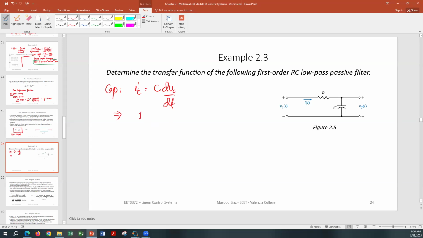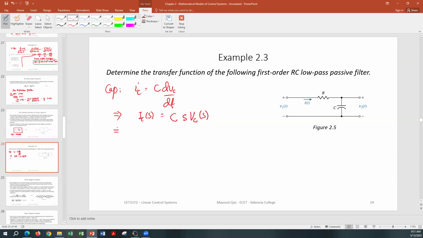Then Laplace transform is going to give us Ic(s) equal to C, and the Laplace transform of the derivative is from the table. Who remembers that? Say it again. S times Vc(s), and then the initial conditions, but we are assuming there is no initial condition. So it's going to be S times Vc(s).